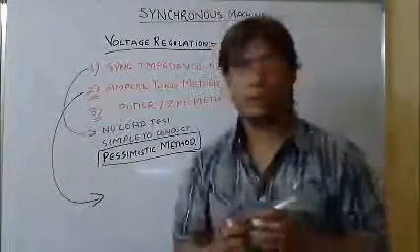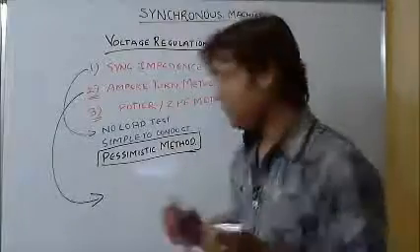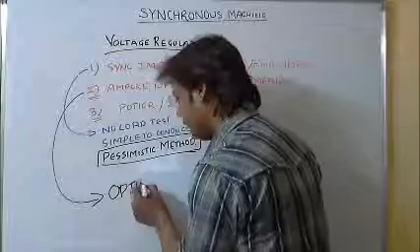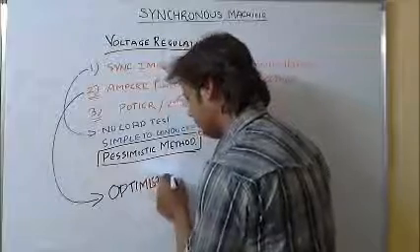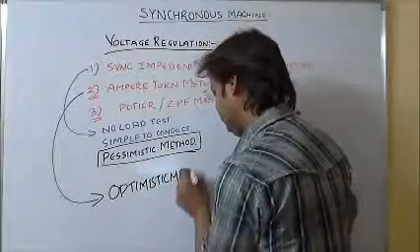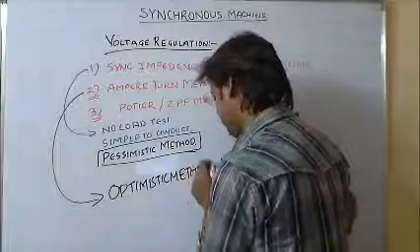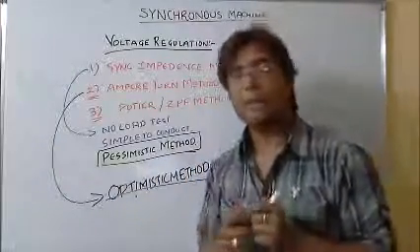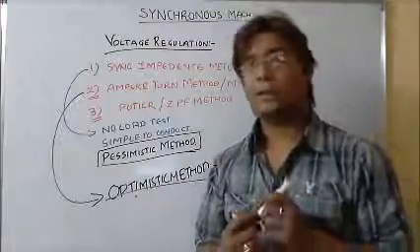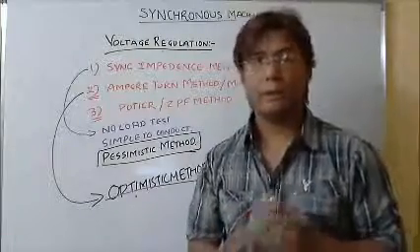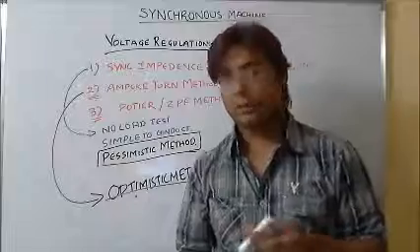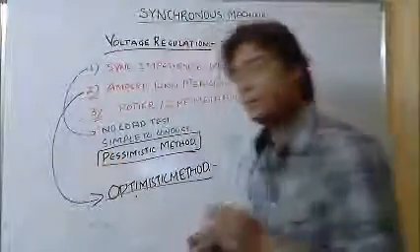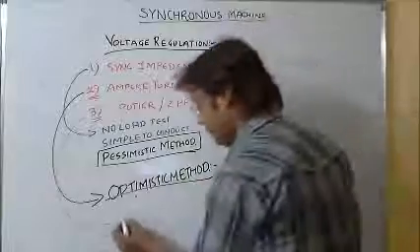So it is normally called the optimistic method, because the value which we are getting here is below the actual value. And the ZPF method is the most accurate method.